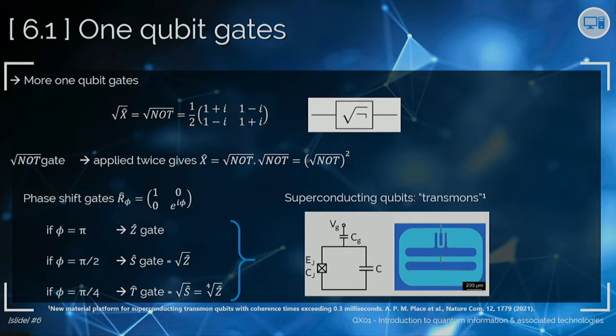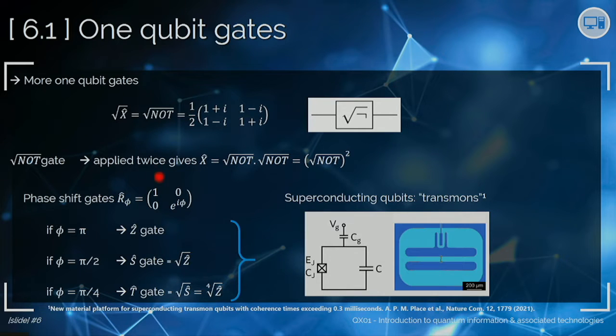There are other gates that can be done, like the square root of X or the square root of NOT, which looks like this. The reason it is a square root is because if we take this matrix and square it, I believe we did that, then you end up with the NOT gate. So that's why we call it the square root NOT gate.